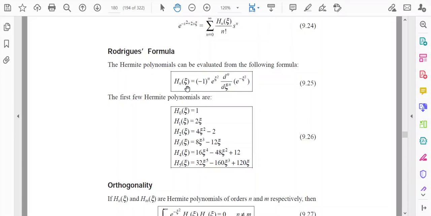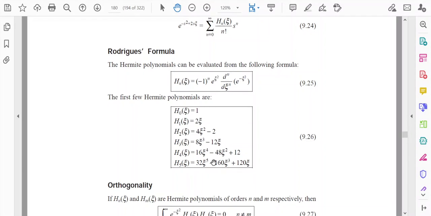I am again telling you that H is a function of zeta. In some books it is written in terms of x or y. For different values of n we will obtain different Hermite polynomials. For example, H0 zeta is equal to 1, H1 zeta is equal to 2 zeta, H2 zeta is equal to 4 zeta square minus 2. In this way, in this book, H5 zeta has been shown.